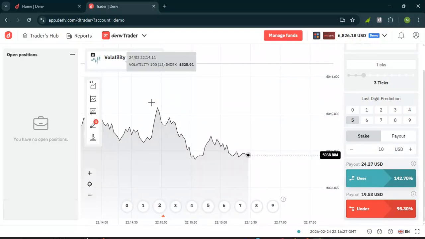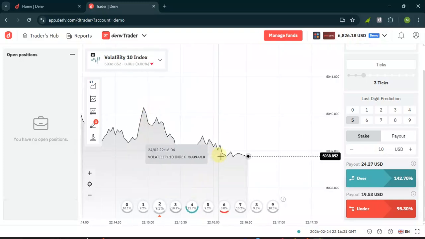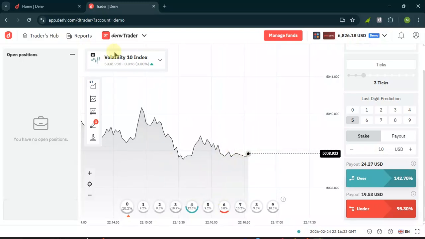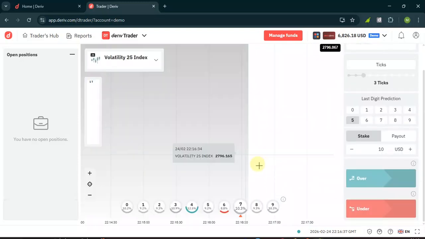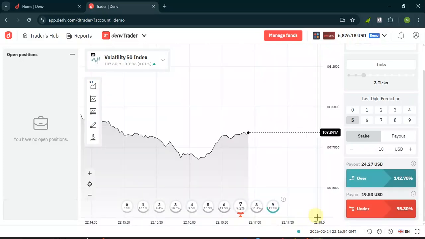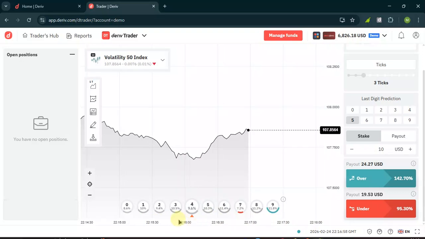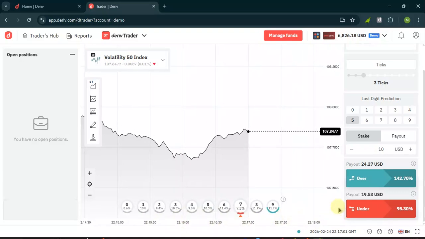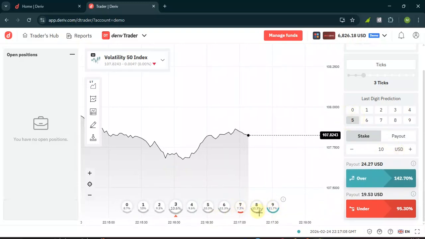Let us move to a slow moving market so that I show you how you can time the market. So for instance, I just look for a better market and then we'll use it for this example. This looks a little bit nicer, so I'll be predicting on this market. What I need to do is use this 5 and wait for it to come on this side.